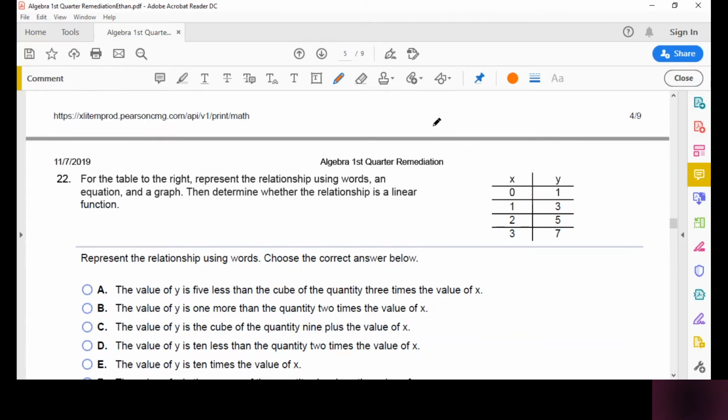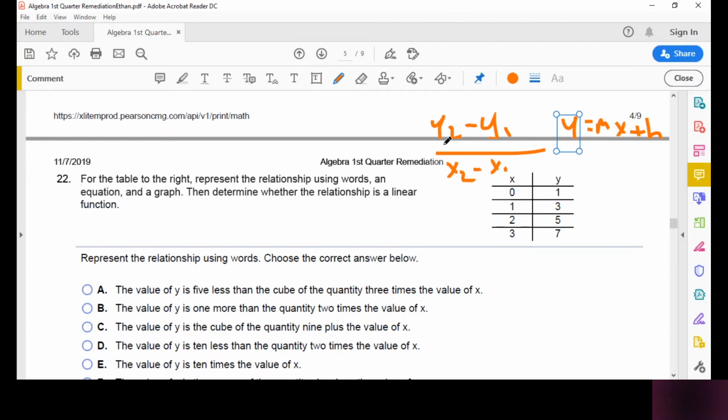Remember, slope is y2 minus y1 over x2 minus x1. That's slope. y equals mx plus b. These are all the equations that we used. b is your y-intercept. That means when x equals 0, the y is b.